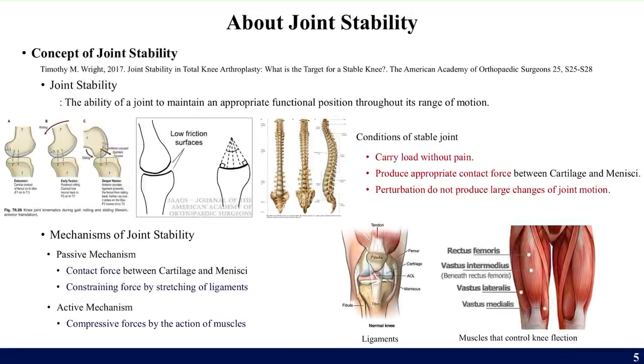On the other hand, the active mechanism is the forces by the action of the muscles. See the picture on the right, and there are muscles that control the motion of the knee, and the force by those muscles also contributes to the joint stability.